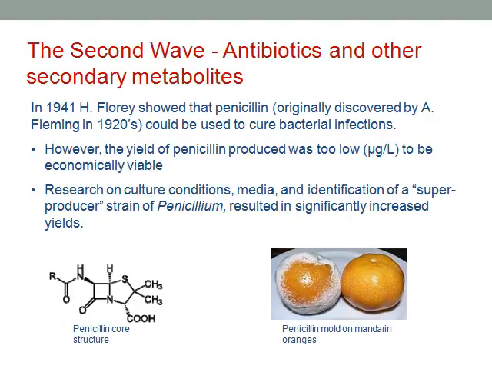Now, following the 1941 discovery that penicillin could be used to cure bacterial infections, one of the problems that arose was that the yield of penicillin was too low to be economically viable. So subsequent research has focused on culture conditions, media, as well as the identification of a superproducer strain of the penicillium, which results in significantly increased yields of penicillin.